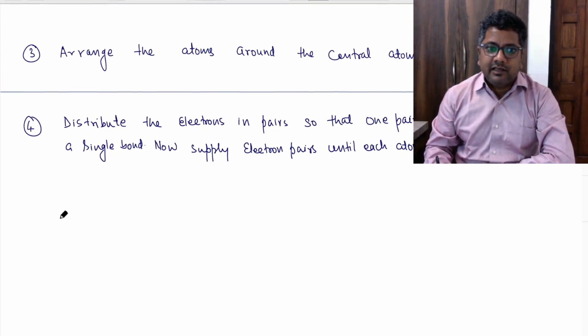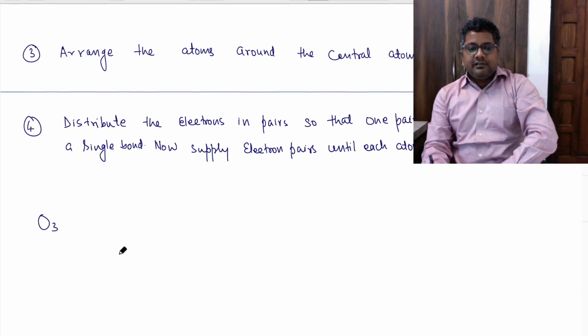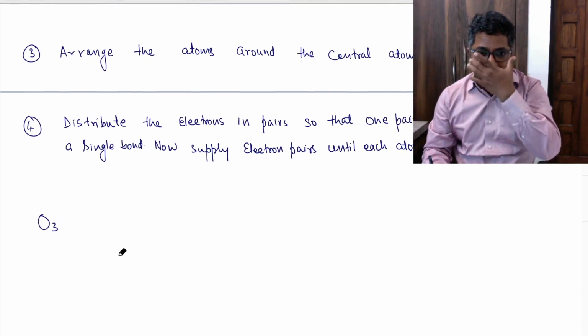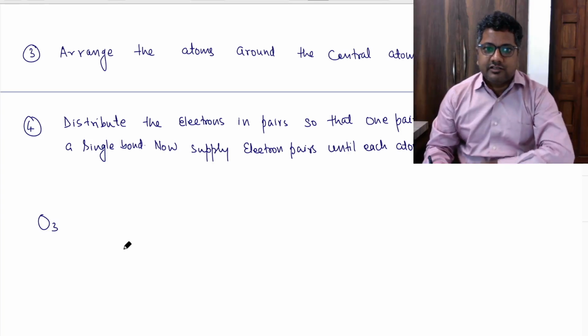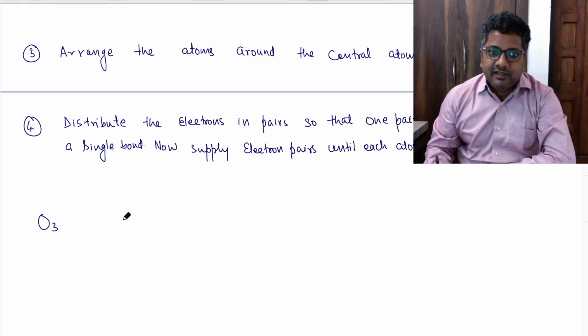So first I am taking the example of ozone. See, there is no central atom, no secondary atom, all oxygen. So do it step by step. Step 1, find the total number of valence electrons in this molecule.